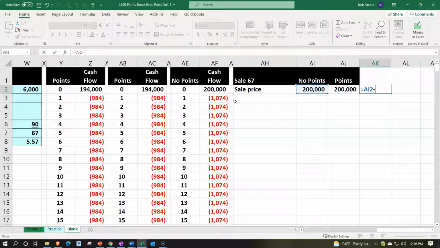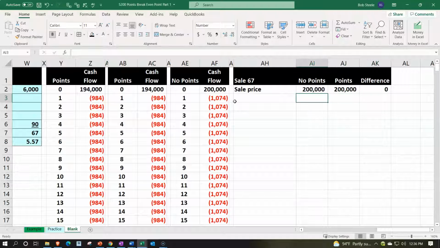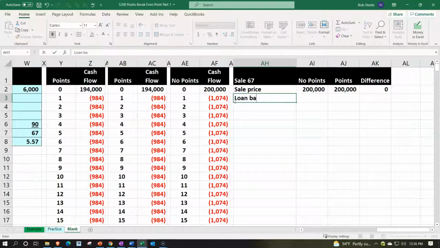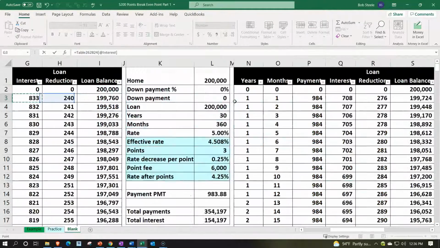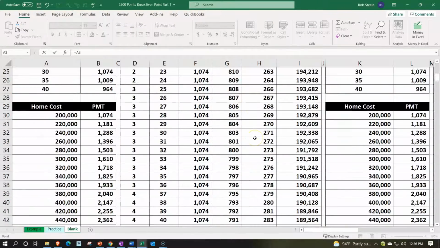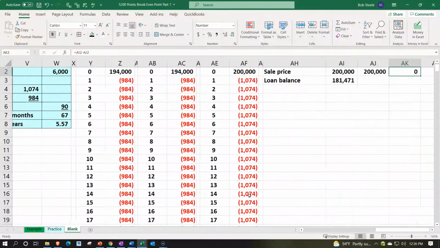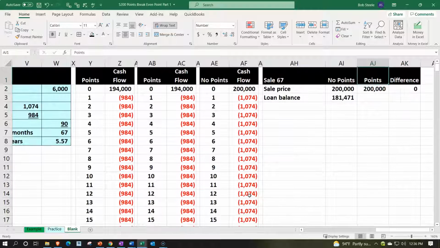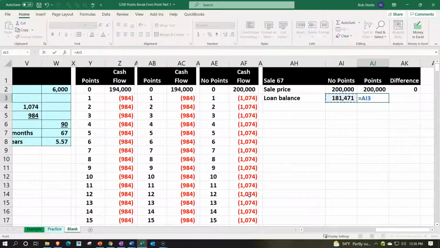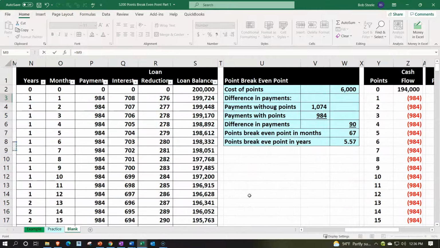No difference there between the two. The loan balance between the two, if there's no points, the loan balance after 67 periods that we would have to pay off was here, 181,471. That's how much we would have to pay off. And if we had the points, the loan balance would be here.